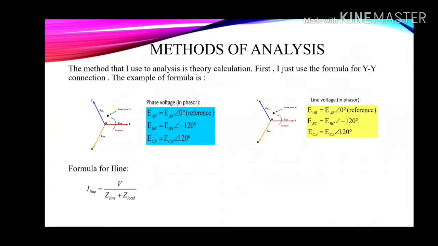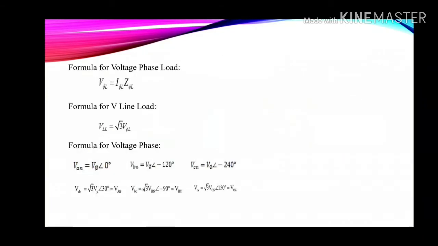Okay, the formula for I line equal to voltage over Z line plus Z load. Formula for voltage phase load, V phase load equal to I phase load multiplied by Z phase load. Formula for V line load equal to square root 3 multiplied by V phase load.